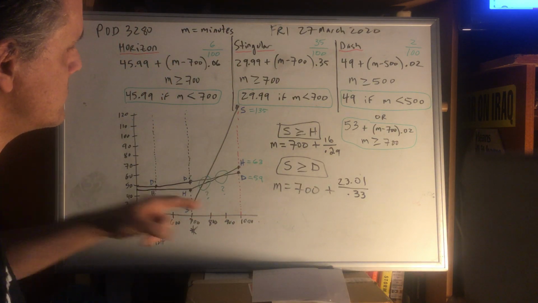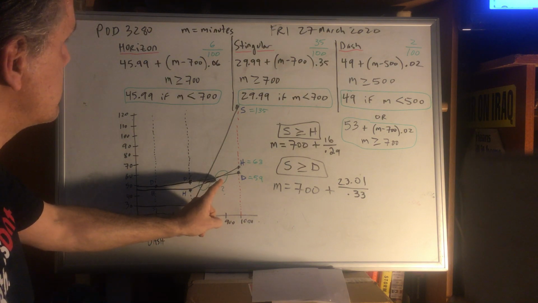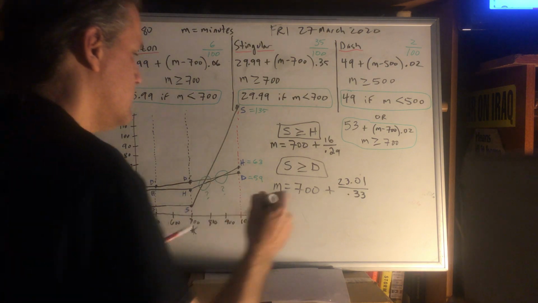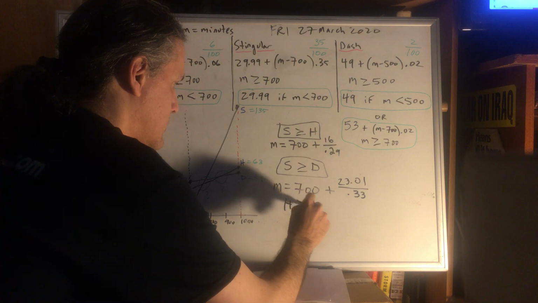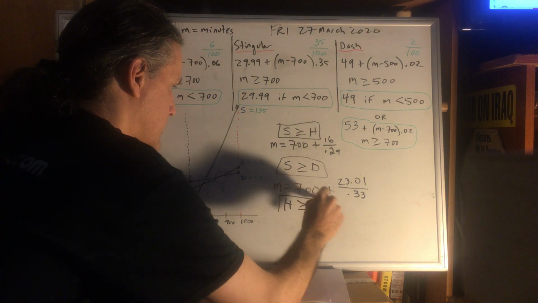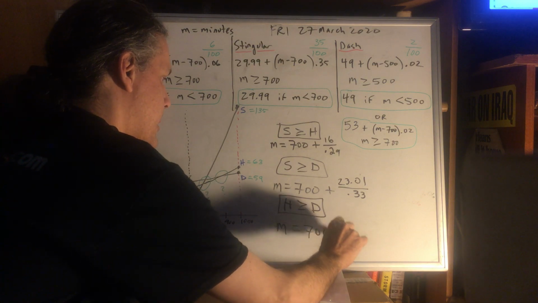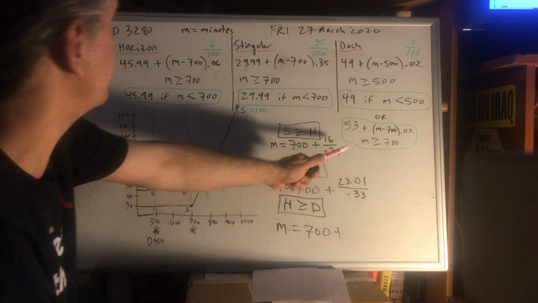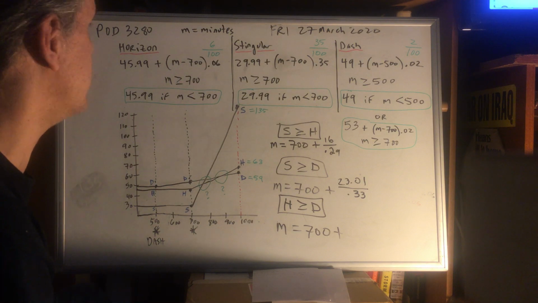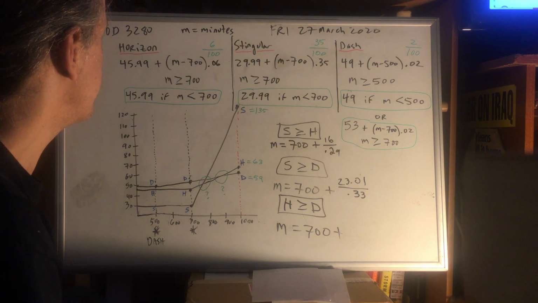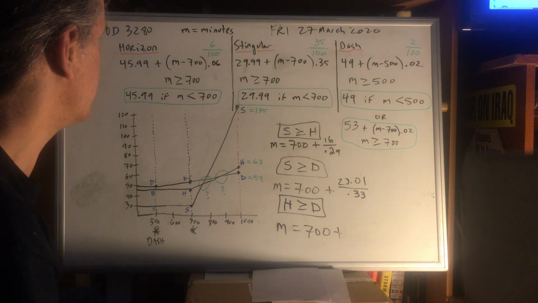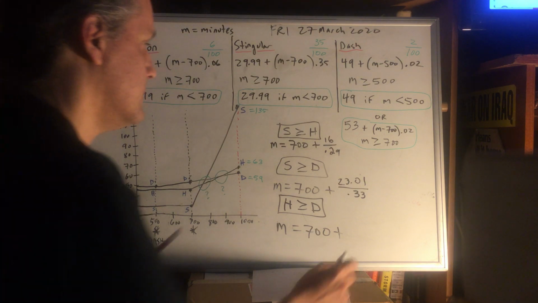Okay, so then the last one is Horizon greater than Dash. And again, the same thing. Alright, so the difference in the price, so 53, 45.99. So 53 minus 46, and then add 0.01.